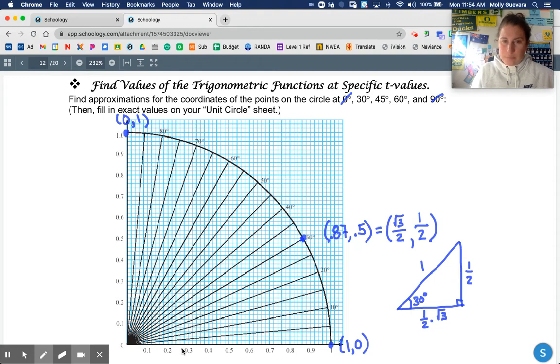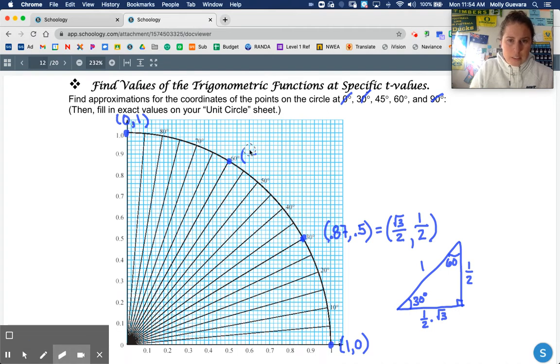So that's cool. That kind of leads me up to 60. Let's do this one. I did 30, because this is 60 right here. So at 60, if I go down, my x coordinate is, let's do it in decimal first, 0.5, and now my y coordinate is 0.87.